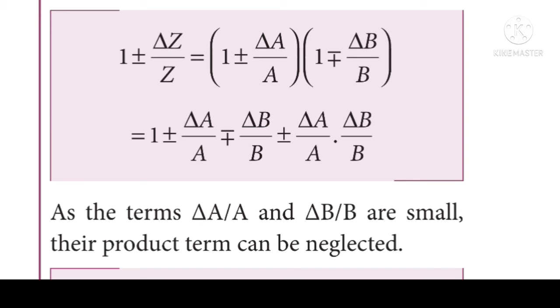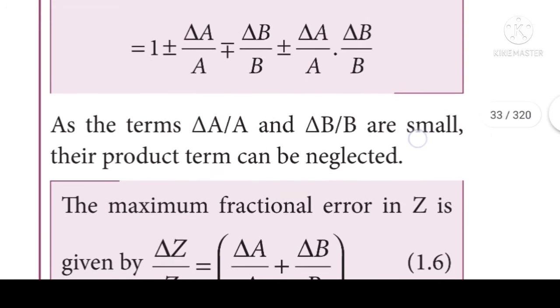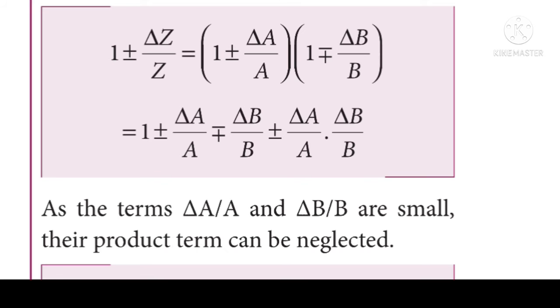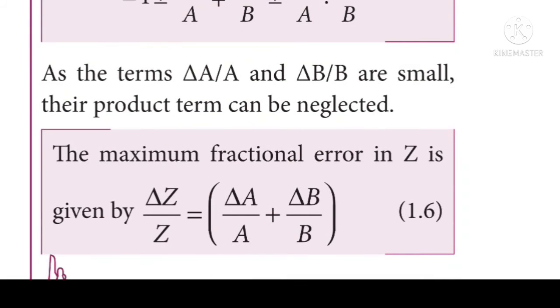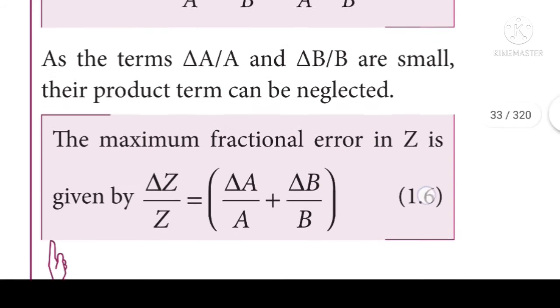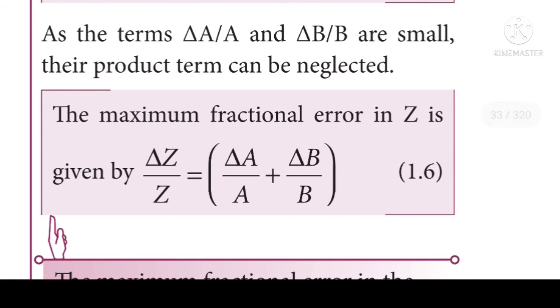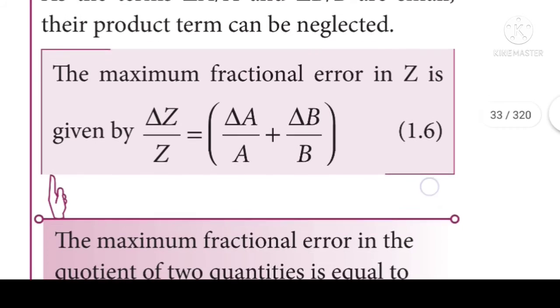Hence the equation will become, at the same time, the 1 on the left hand side and the 1 on the right hand side will be cancelled. Hence the expression will become del Z by Z is equal to del A by A plus del B by B. The maximum fractional error in Z is given by del Z by Z is equal to del A by A plus del B by B.